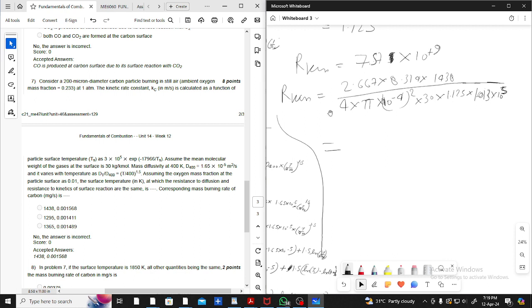Can you solve this equation? Can you calculate this? How much are you getting?